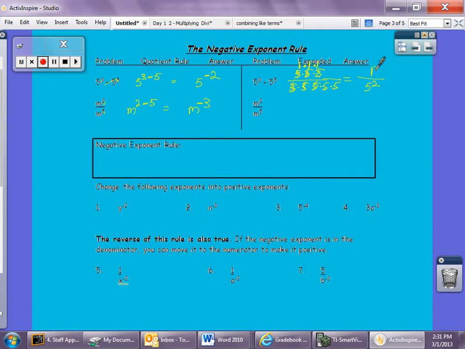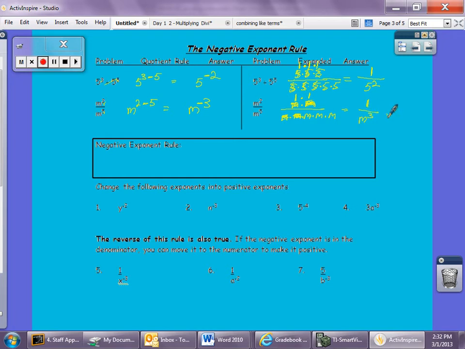And then if we write this out in expanded form, m times m, and then we have 5 of these. And once again, these cross off, and so when we cross them off, it really makes them 1. So 1 times 1 is going to give me 1, and I have 1, 2, 3, m to the 3rd.